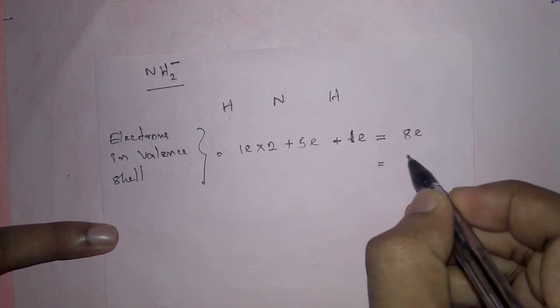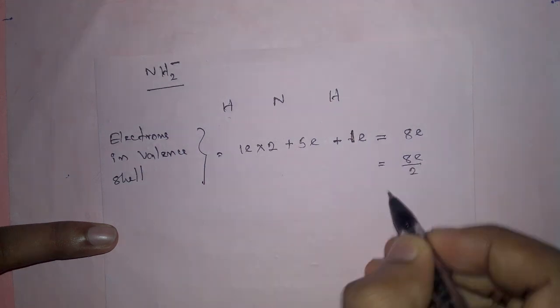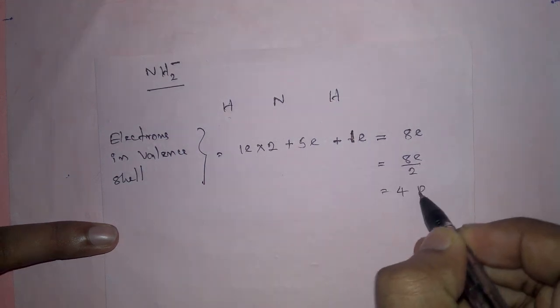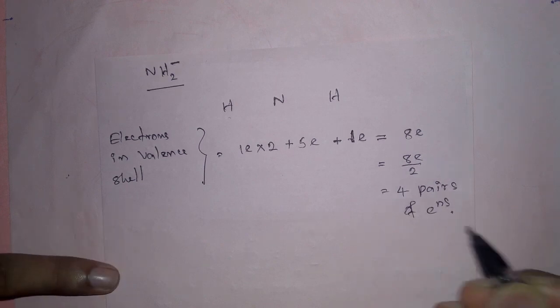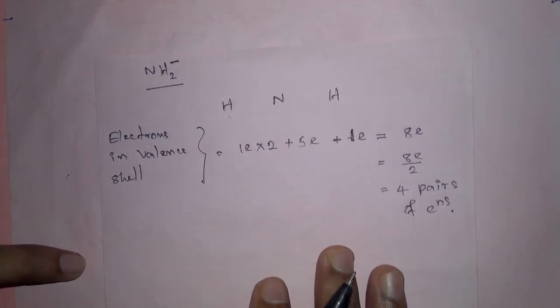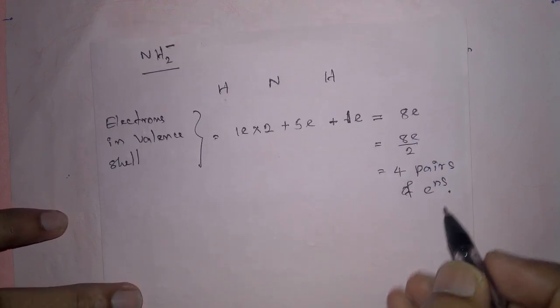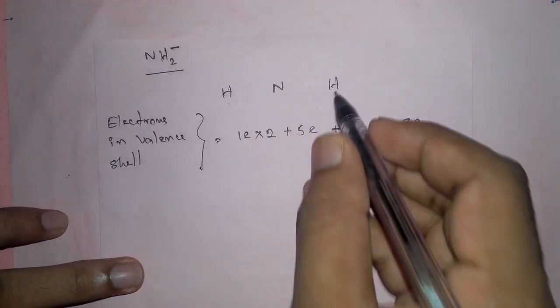And again you can divide these 8 electrons by 2, then there are 4 pairs of electrons in the NH2 minus molecule. Then distribute these 4 electron pairs among atoms.